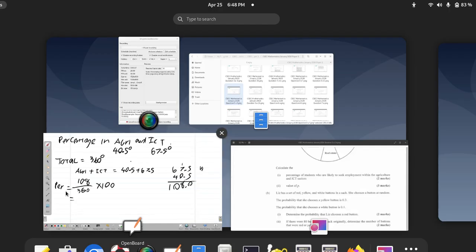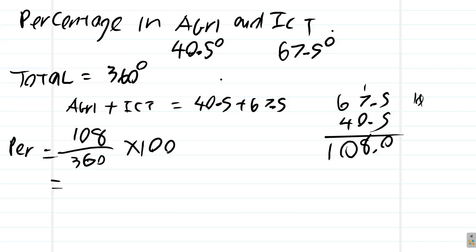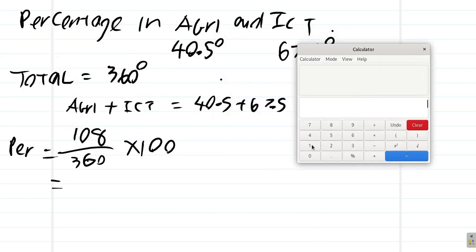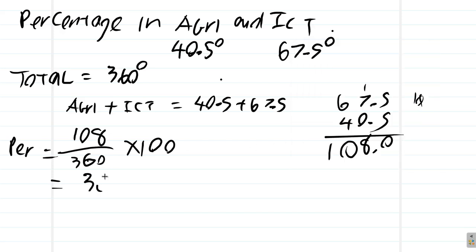Let's reach for our calculator. 180 divided by 360, no, it's not 180. Where did 180 come from? It's 108 over 360, and multiply by 100 and you get 30. So it's 30%.